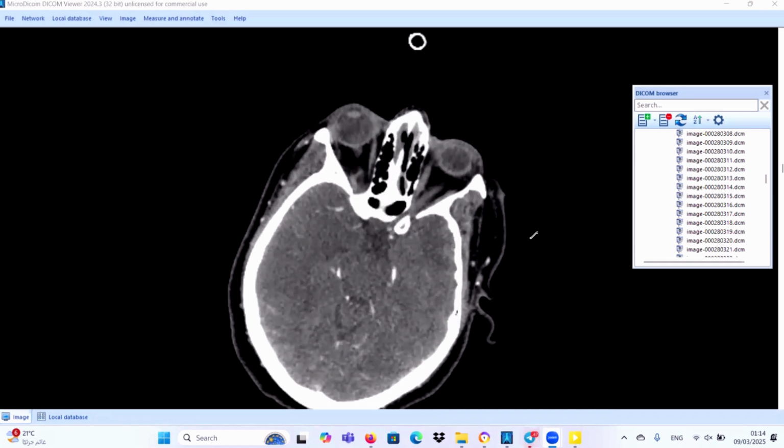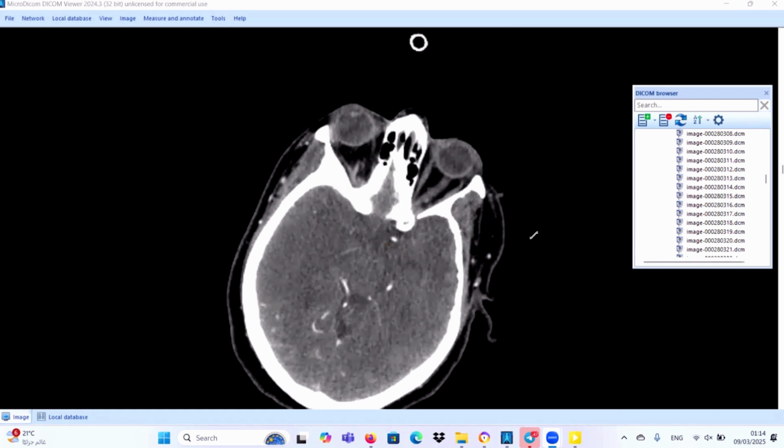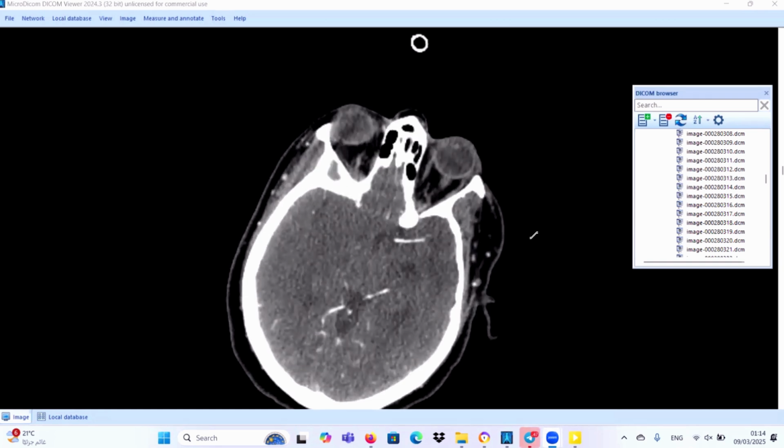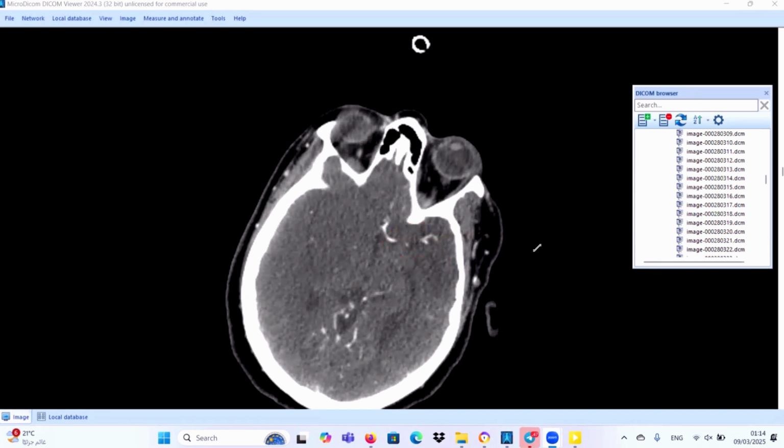If we go more distal, we will find the most distal end of the left internal carotid artery appears patent, so we have collateral filling of the most distal end. The left internal carotid artery gives rise to two branches: the left middle cerebral artery, which appears patent and average in caliber, and the A1 segment of the anterior cerebral artery.